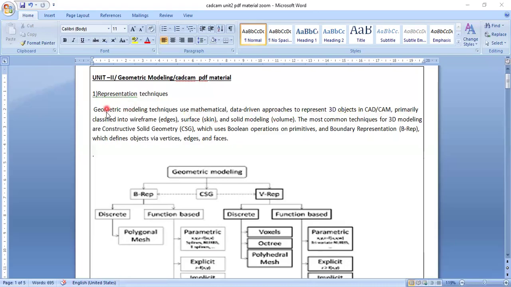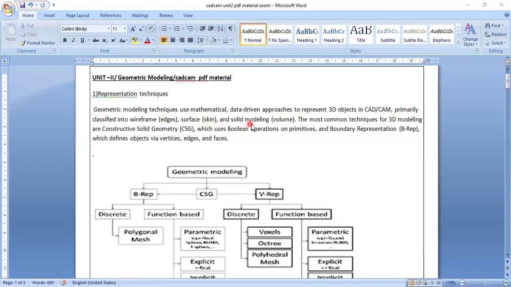Geometry itself says that it uses X, Y, Z and theta axes in order to form a figure. So to represent 3D in CAD/CAM, it is primarily classified into wireframes. First we form the wireframe, then a surface is added to that wireframe.